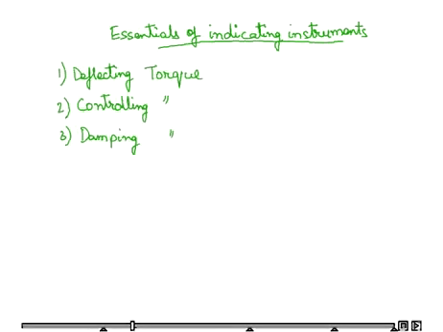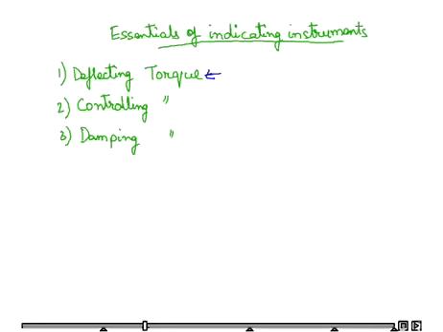Now we will talk about the first torque. This is deflecting torque. It is a very important torque and it causes the moving system to move. जो pointer है उसको move करने के लिए जो torque की जरूरत होती है वो deflecting torque है. This is the torque which causes the moving system of the instrument to move from its position of rest.